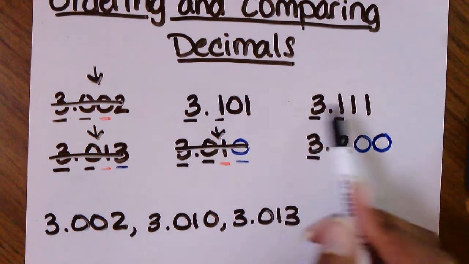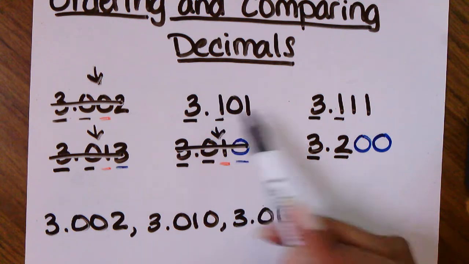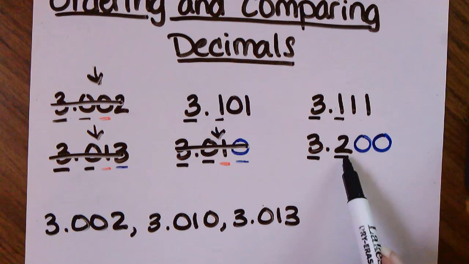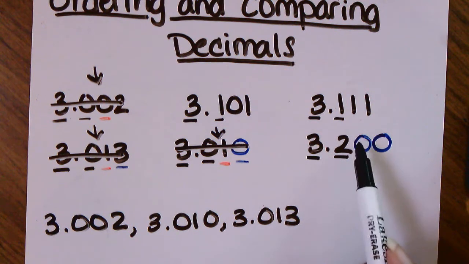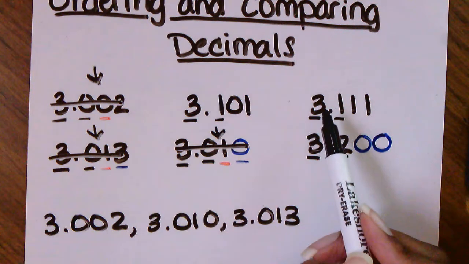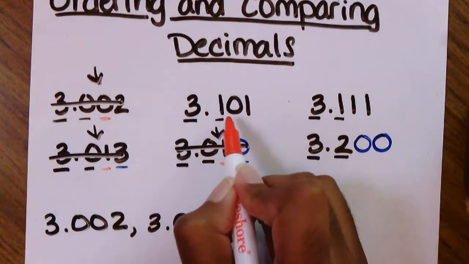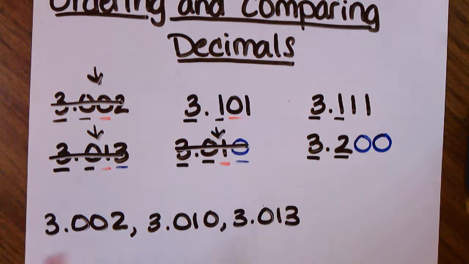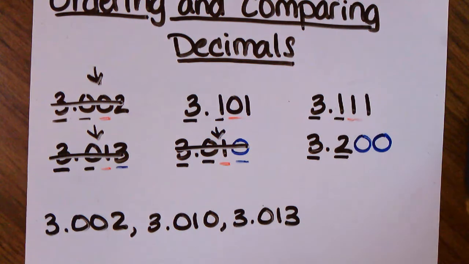Going back to our remaining 3 numbers, we ended up with a 1 in our tenths place, a 1 in our tenths place, and a 2 in our tenths place here. So obviously the 2 is going to be our biggest number. But now we need to decide between these 2 numbers that start with 3.1. Let's look at our next digit from left to right. In this number we have a 0, and in this number, in the hundredths place, we have a 1.